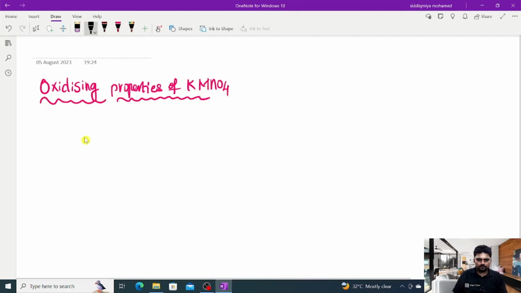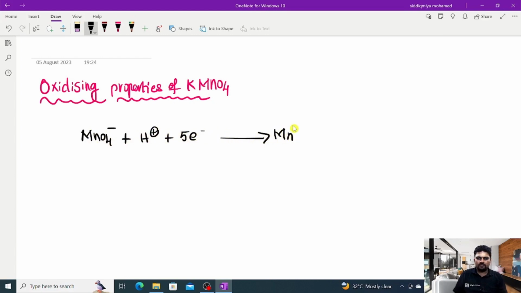Here the permanganate ion MnO4 minus in acidic medium will accept 5 electrons and be converted into Mn plus 2 plus H2O. Manganese goes from plus 7 to plus 2, so 5 electrons are gained. That is reduction, so it works as an oxidizing agent.